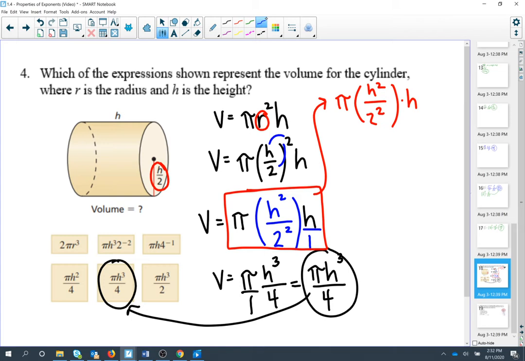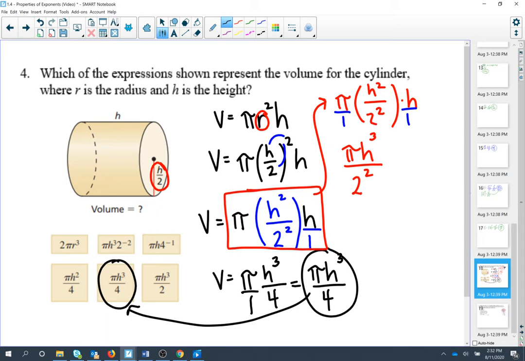Now again, if I put everything over 1, on the numerator, if I grab the pi, the h squared, and the h, we're going to have pi h cubed, because I'm going to multiply h squared and h, over, and then 1 times 2 squared times 1 would be 2 squared.